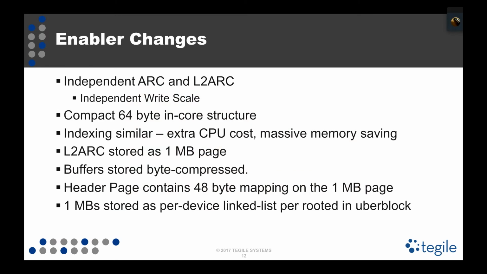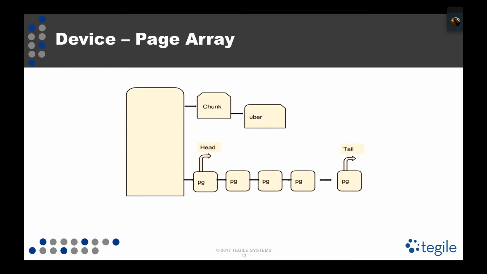Just a brief idea of how it's linked. Basically, a chunk has its own user class. A chunk is the 1 megabyte page I just talked about, and all these 1 megabyte pages have a head and a tail. As I said, we do not want to spend any time in allocation, so we always keep writing at the head and cleaning at the tail.